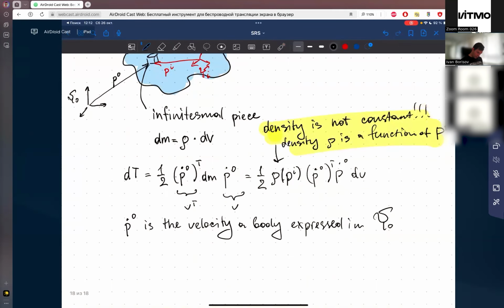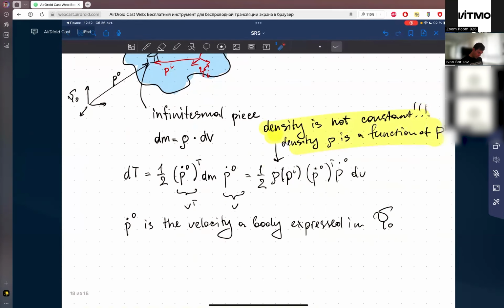So what do we have here? 1/2 function that depends on the position, and it is equal to the density of this piece, and then p dot transpose times p dot dV. And this is the kinetic energy of a tiny piece.